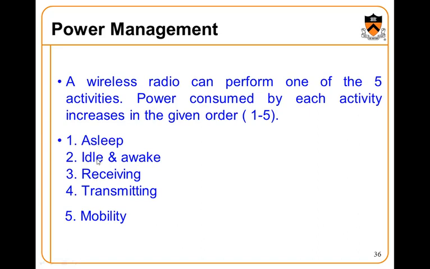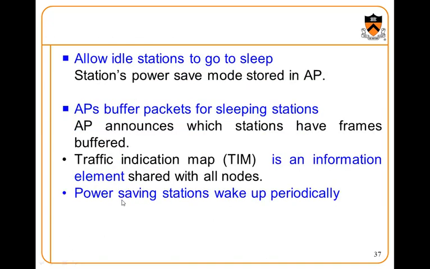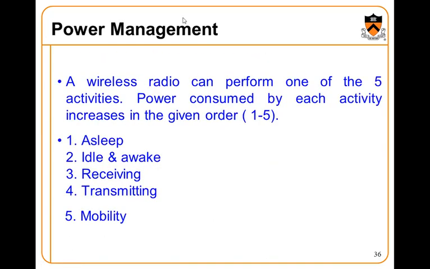The second one is idle and awake, but not part of the communication process. Neither is the node sending, nor receiving, nor moving, and you can also add the forwarding mechanism over here as well. Another important thing is receiving, transmitting, and the mobility of these nodes.